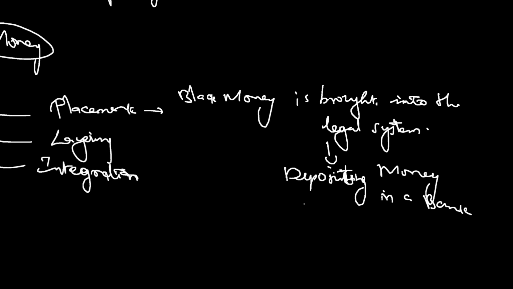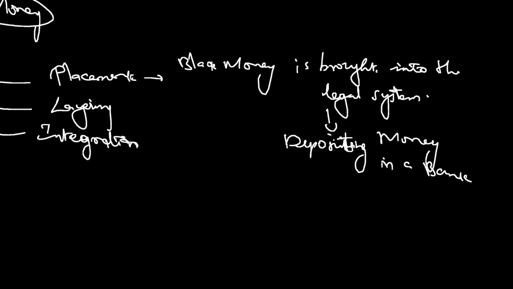But then, will it be that easy? Will any bank accept it so easily? No. They also know that their system can be misused, so they will have some anti-money laundering procedures which will stop these money laundering activities.